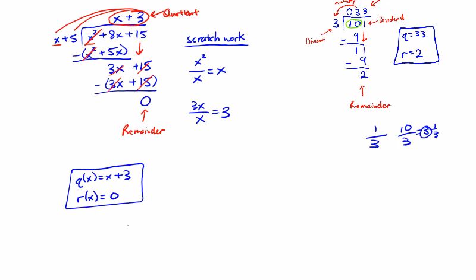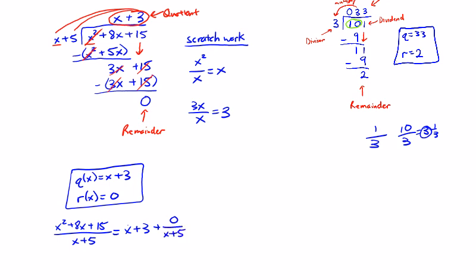So we were taking x squared plus 8x plus 15 and dividing it by x plus 5. So the result would be x plus 3 plus 0 divided by the divisor.